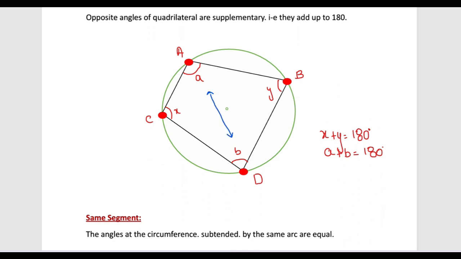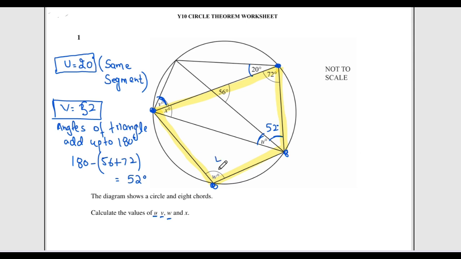See, these two add up to 180. So if this is a cyclic quadrilateral, then w and 72 would also add up to 180 because they're opposite angles of each other. Then w would be 180 subtracted by 72 degrees, and we'll get an answer of 108 degrees. So w is 108.